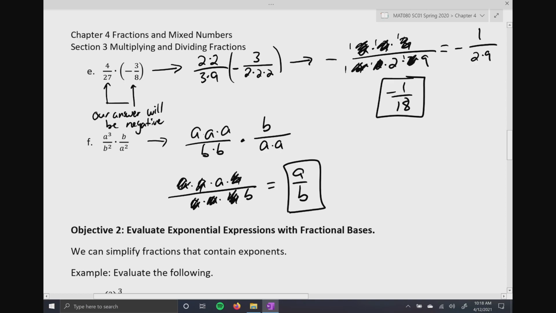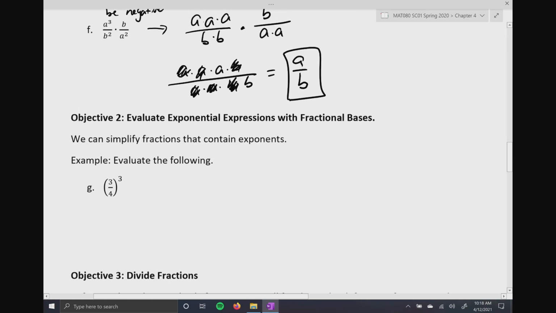You rewrite whatever's left over: a over b. Are there any questions? All right, good. Scroll up just a little bit.